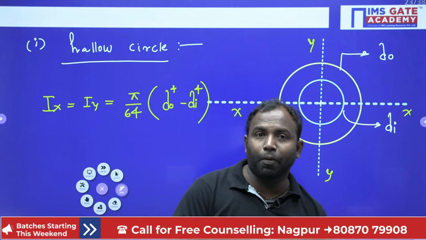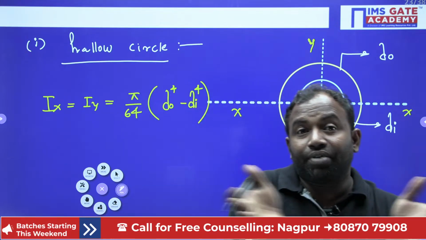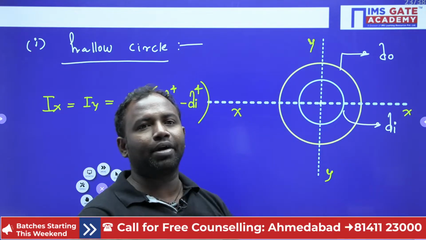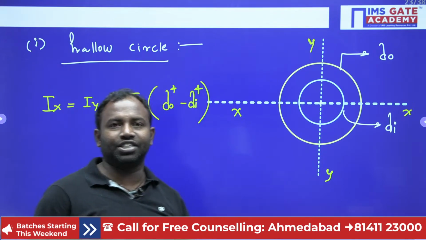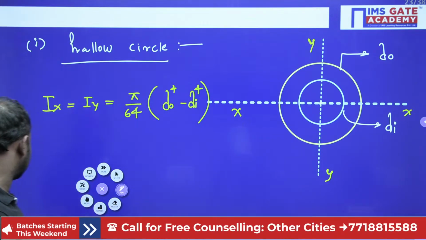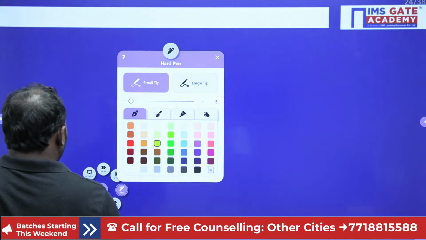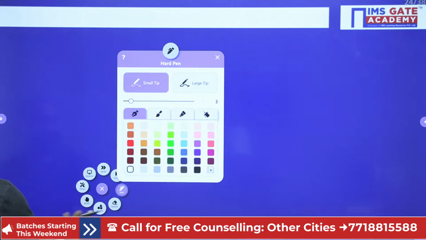Now suppose there is very little difference between the inner and outer diameters, then what happens to the moment of inertia? Let us see that case also. This is case 2, and this is case 1.